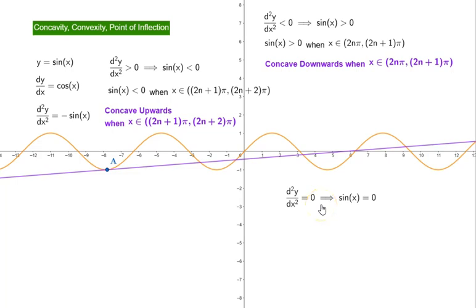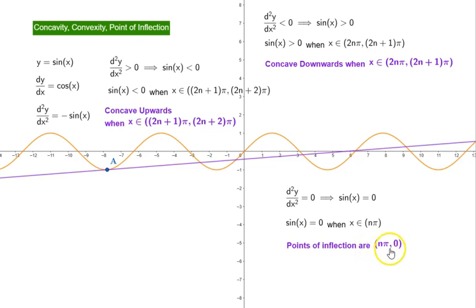Figure out the points of inflection, which means sin x is equal to 0. And when is sin x equal to 0? When x is in n pi, multiples of pi. 0 pi, 1 pi, 2 pi, 3 pi, 4 pi, minus 1 pi. So points of inflection are n pi comma 0.